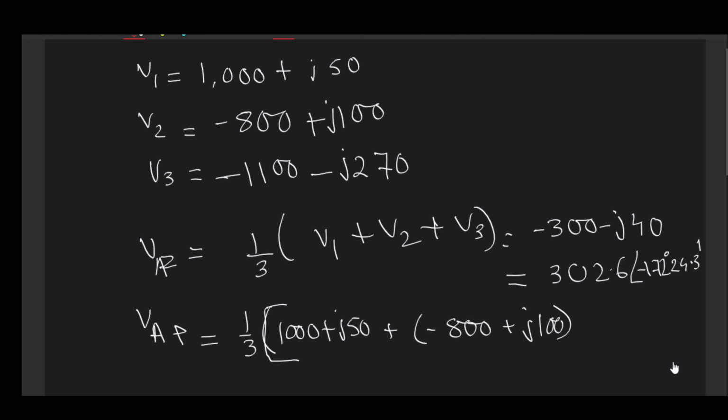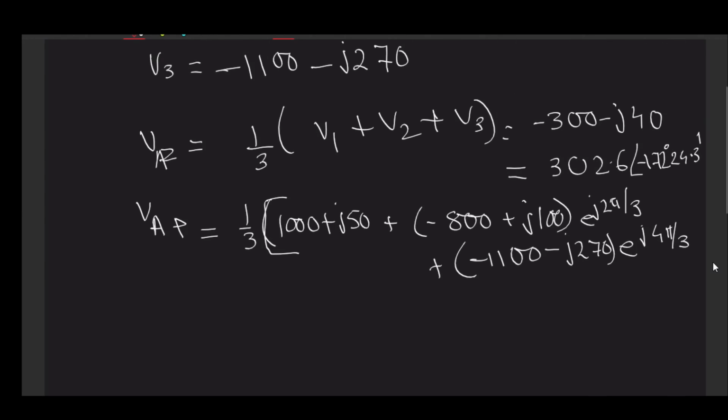So what is a? a is e to the power j2π/3. Then plus minus 1100 minus j270 times e to the power j4π/3), the whole bracket.